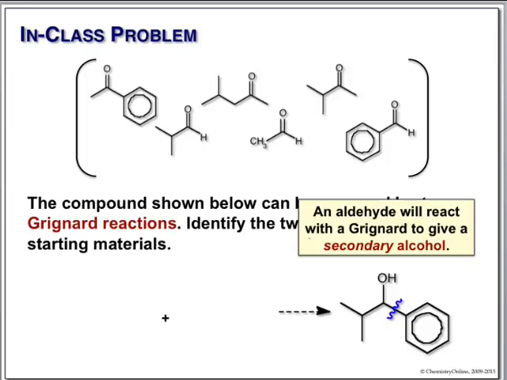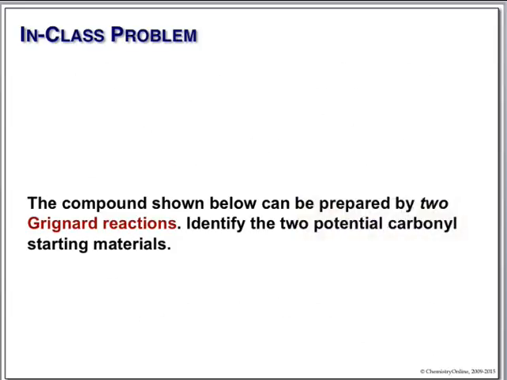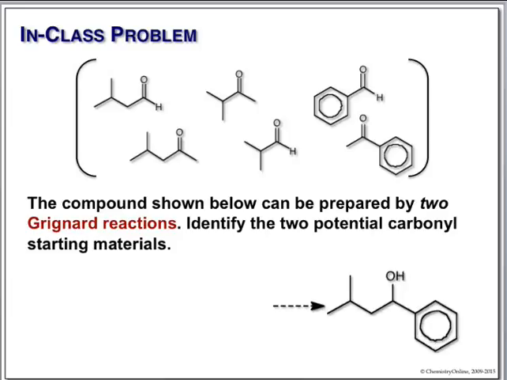The aldehyde, this was a carbonyl, hydrogen attached, and we have this isopropyl. The one that works up here is this guy, and that means that this half was our Grignard reagent, so that's simply phenyl magnesium bromide. Go ahead and do the same exercise with this guy.